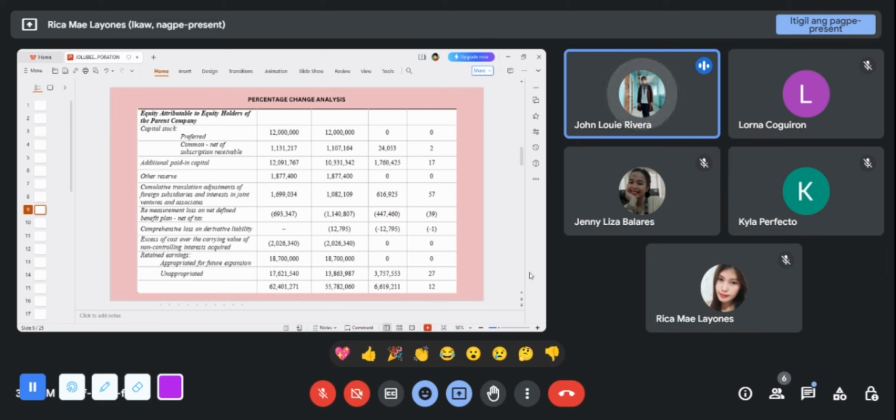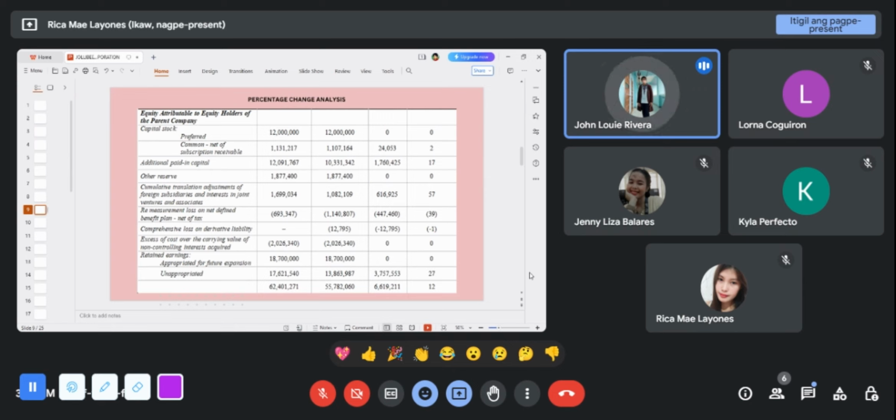Equity attributable to equity holders of the parent company. Capital stock, amount 0 and increase 0. Common net and subscription receivable, amount 24,053, increased by 2.